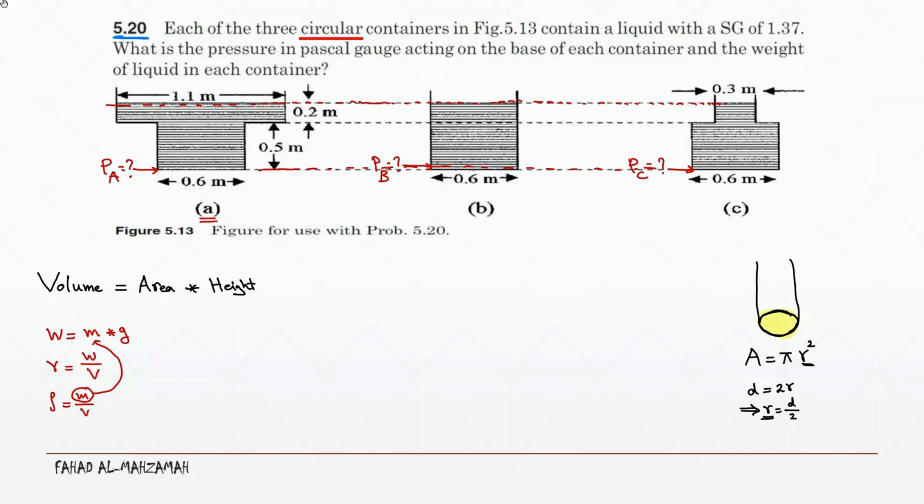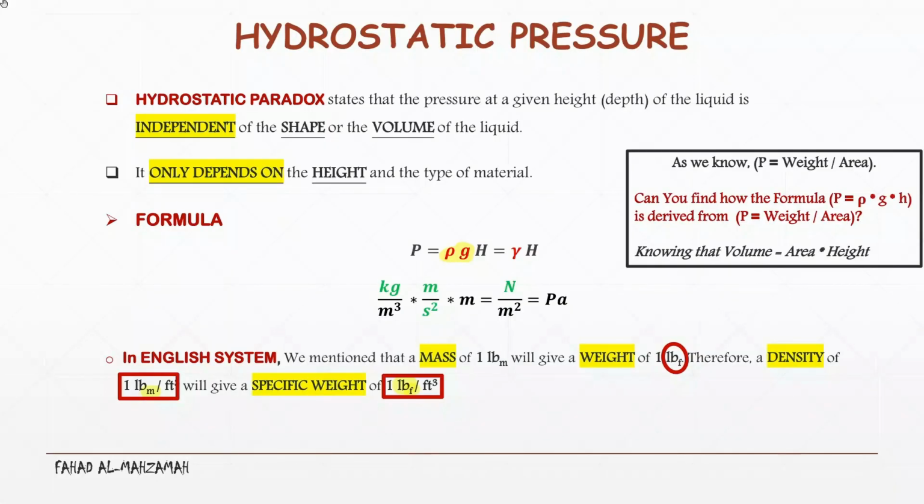There is another point I need to mention here. So here I mention one point exactly at these notes. I said, as we know, pressure is equal to weight over area. This is the general formula for the pressure.